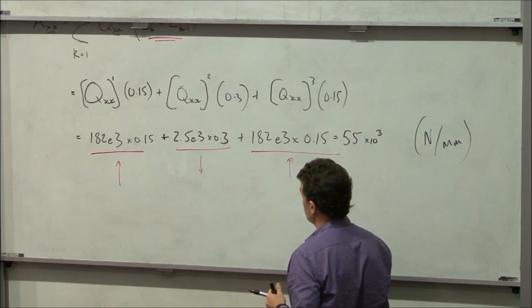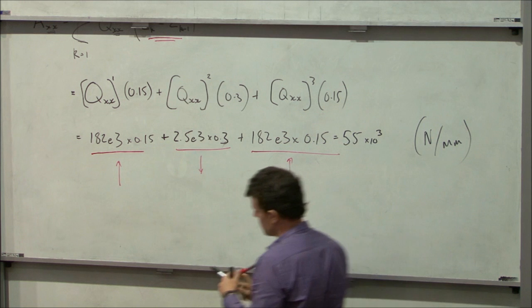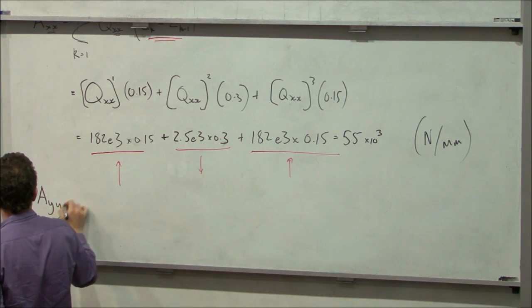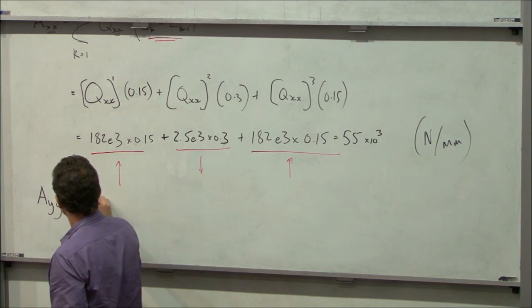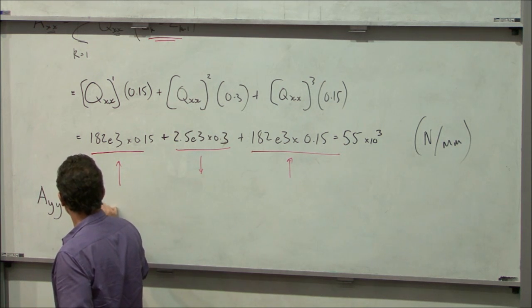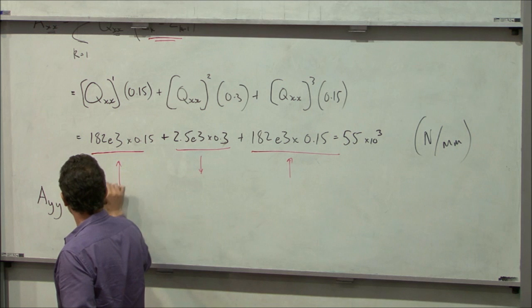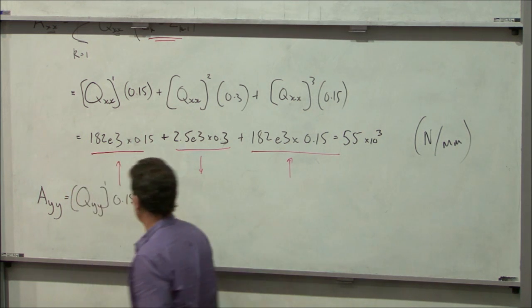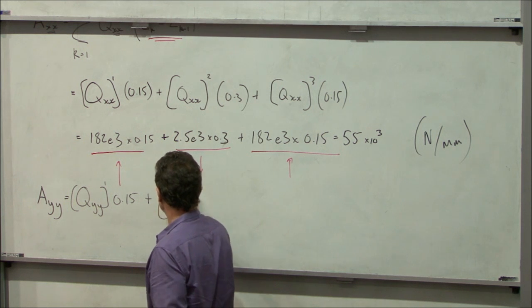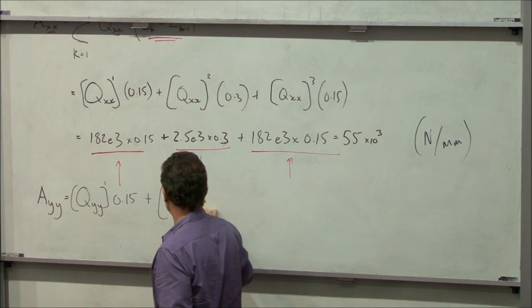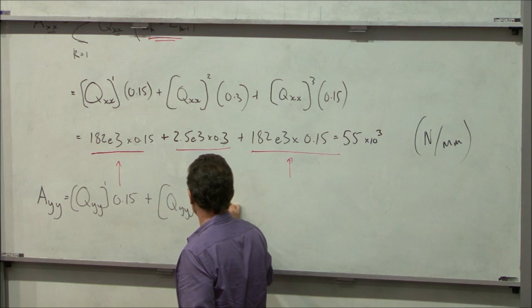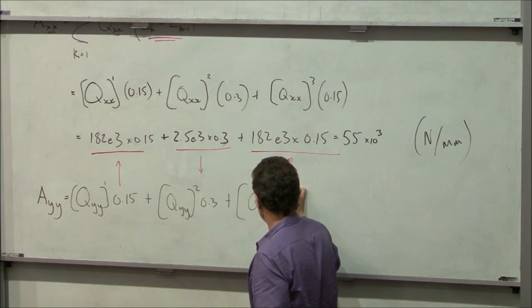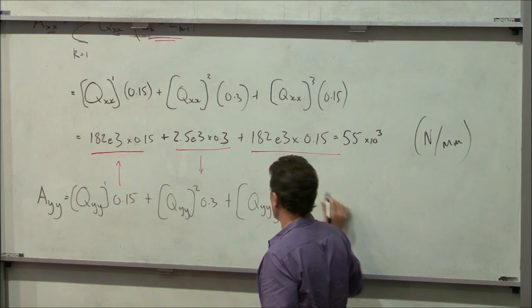So we'll do one more of these quickly, and I'll just write it out in longhand straight away. AYY equals QYY of our first ply times 0.15 plus QYY of our second ply times 0.3 plus QYY of our third ply times 0.15.